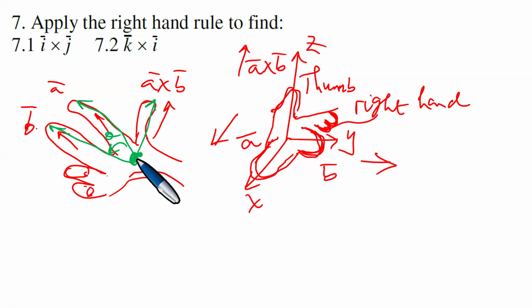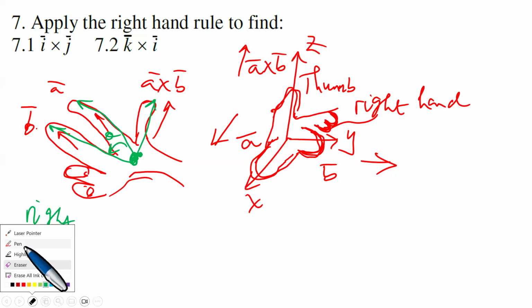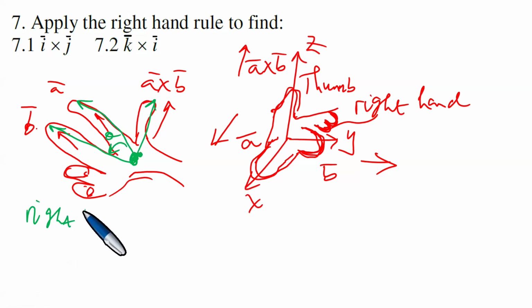Now you have two vectors A and B, and you take the cross product using the right-hand rule. If you cross A and B, you get a vector that is perpendicular to those. So it is the right-hand rule.